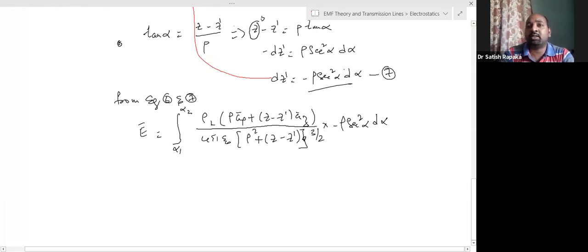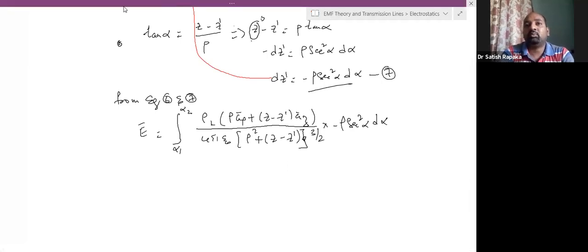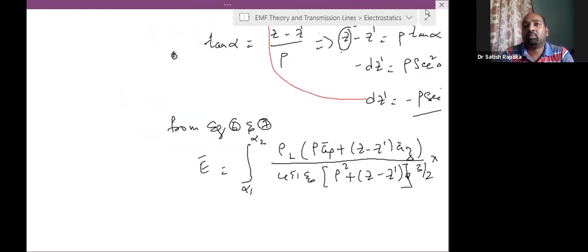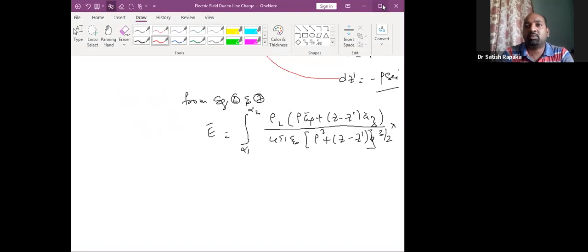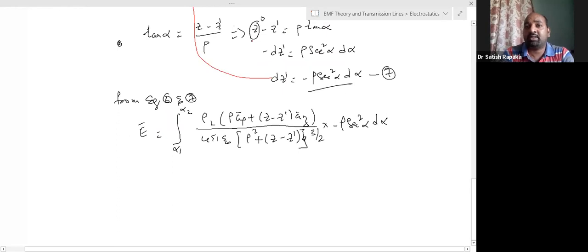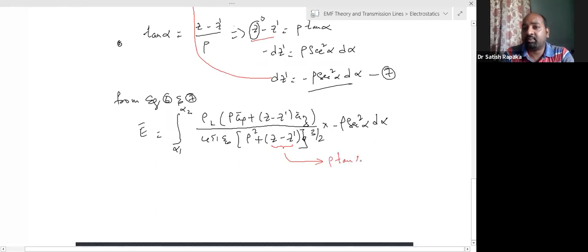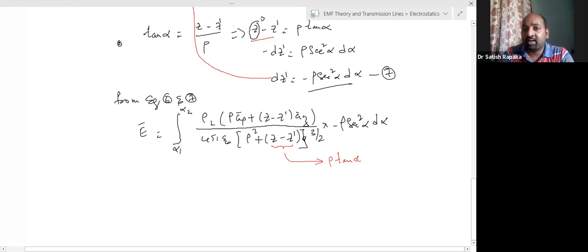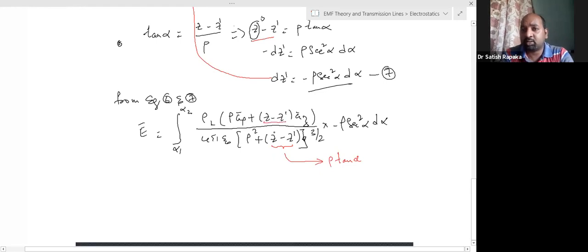And one more thing, here we have z minus z dash, so you can substitute z minus z dash is rho tan alpha, and here also z minus z dash is rho tan alpha.